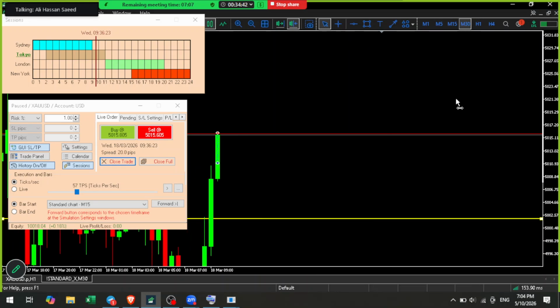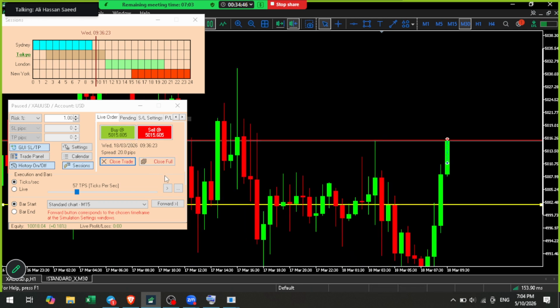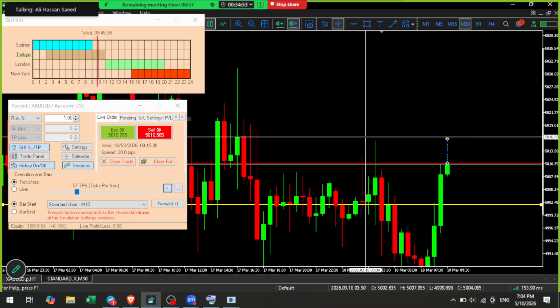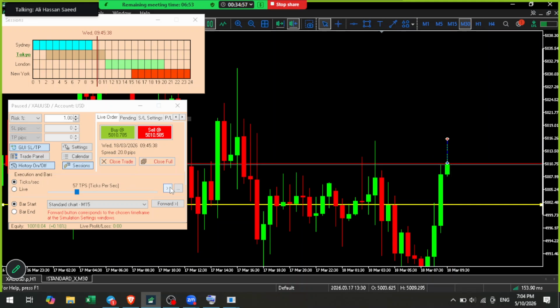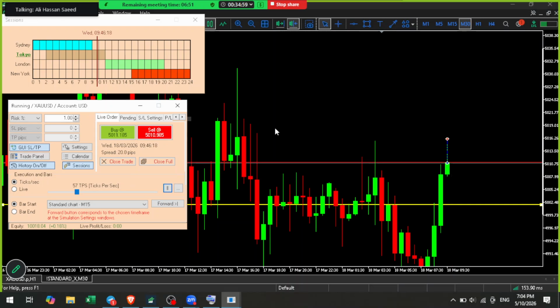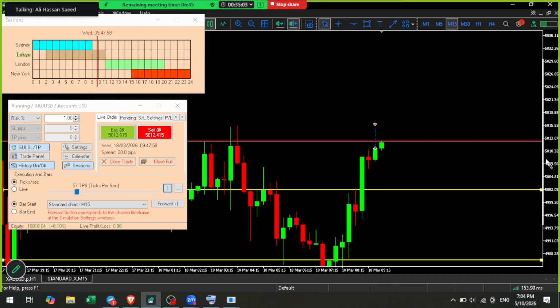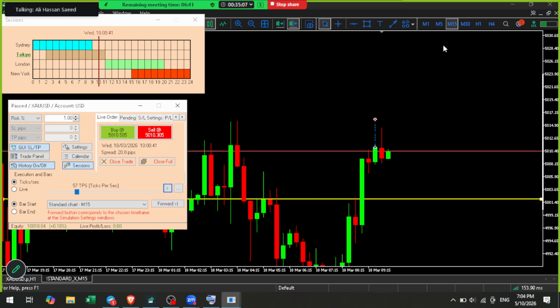Let's just see on the 30 minute how our London Open goes. So you see at this wick we secured and it just rejected that area, so it is better to close something. How is that?